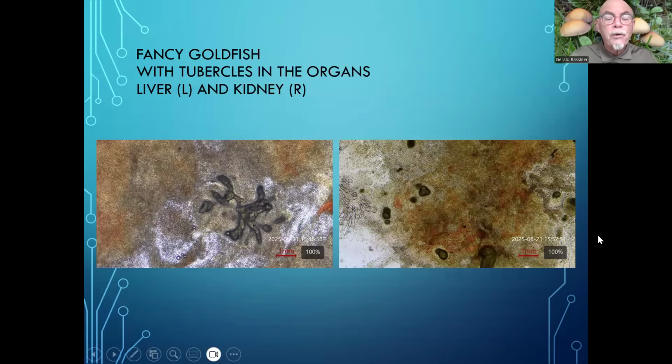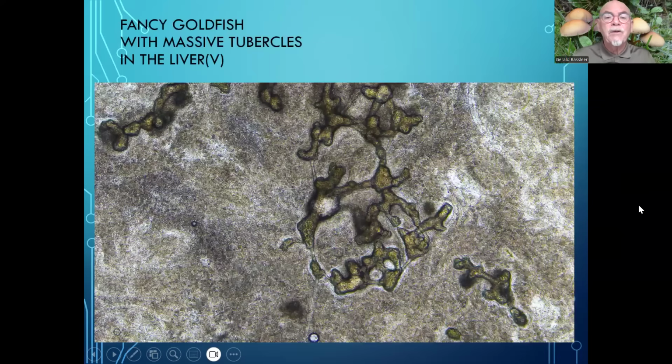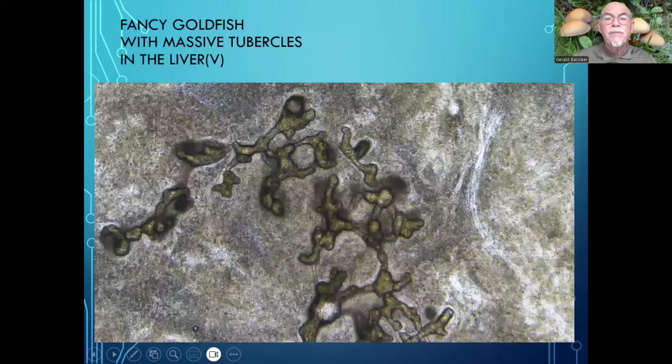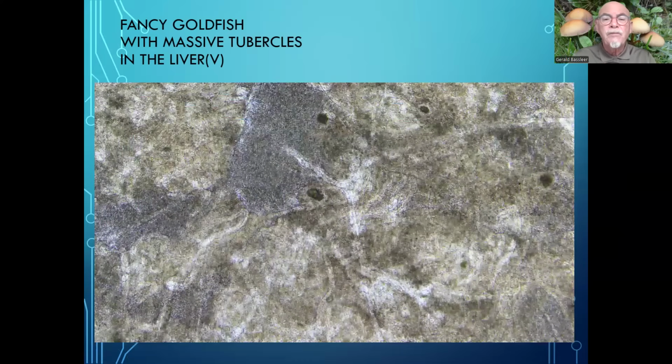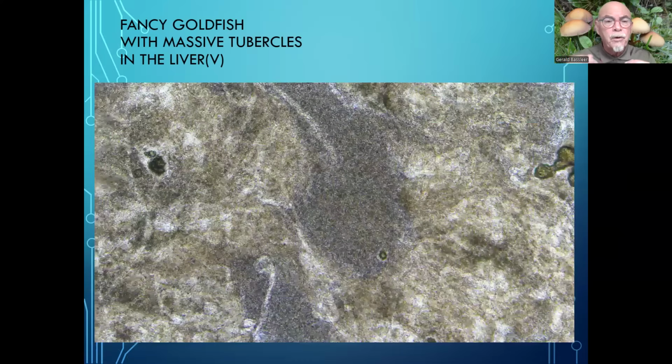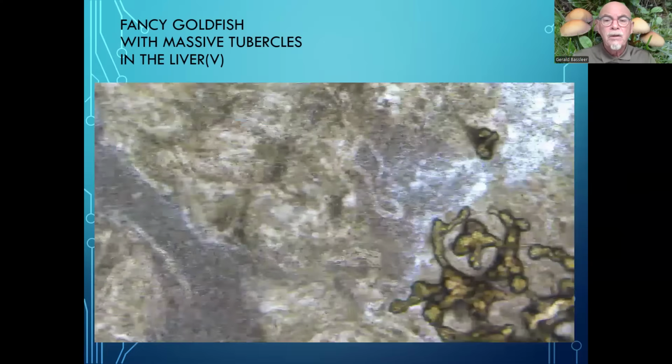Internally, we found tubercles in the organs, in the liver on the left, on the right here in the kidney, all tubercles causing serious damage. Here in detail, the liver. Not much healthy tissue is left over. It's invaded with tubercles, large tubercles, small tubercles.